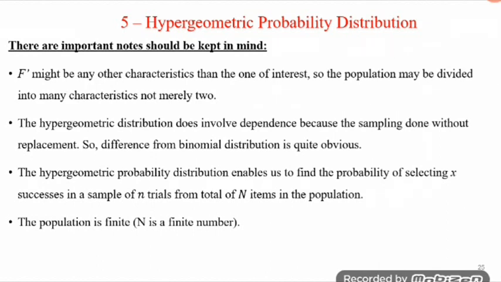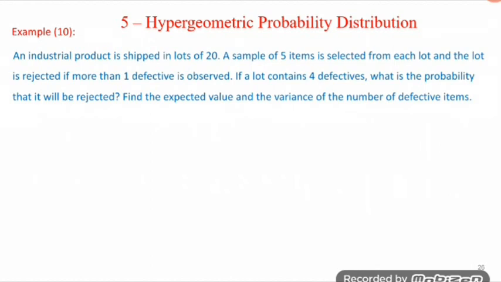Now move to solving example number 10. We assume that we have an industrial product shipped in lots of 20, and from each lot we select a sample of 5 items.